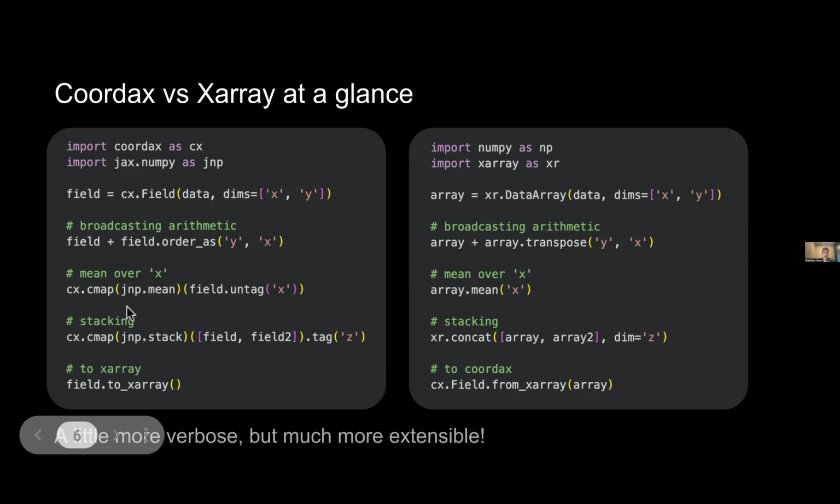That's because this tag and untag paradigm is actually very powerful. And similarly, for stacking array dimensions, you just cmap jax.numpy.stack. We might eventually build in aliases for these as a convenient shortcut, but we really like this. It's a very nice building block for labeled array operations. It's a very small core.